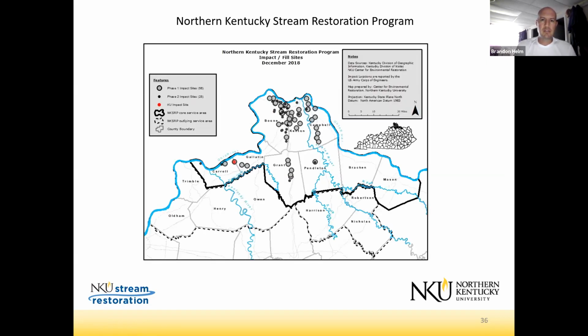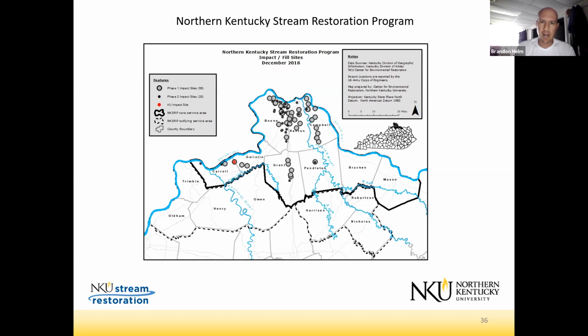Here's a map of the impact sites in our service area. So these are the sites that a developer has impacted and paid into the bought credits for. As you can see, as you get into the urban footprint of Greater Cincinnati, that greatly increases.